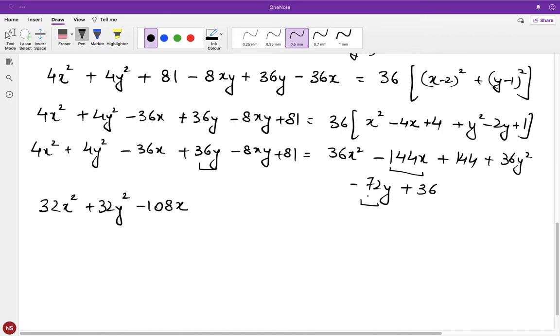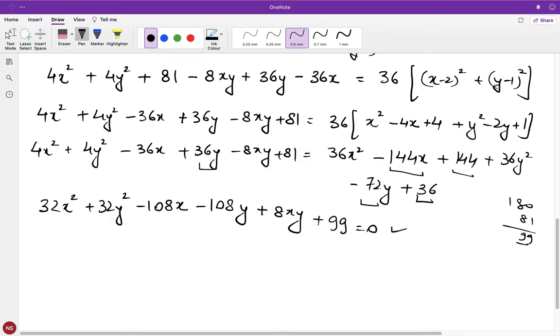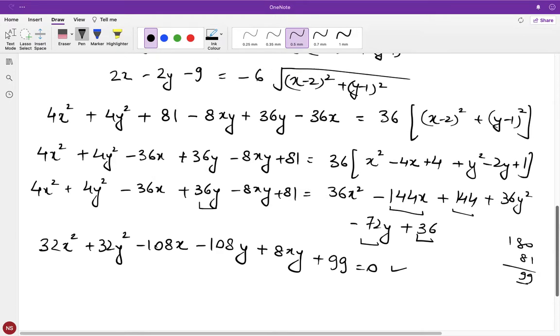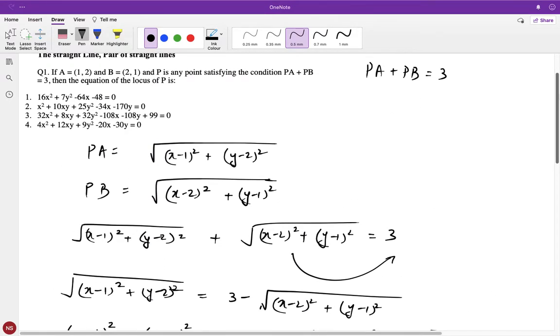When you bring this, you get minus 72 minus 36, which is minus 108y, plus 8xy, plus 144 plus 36 minus 81. 144 and 36 is what? 180 minus 81 would be what? 99. So this is the locus. I think this equation, option 3, satisfies.